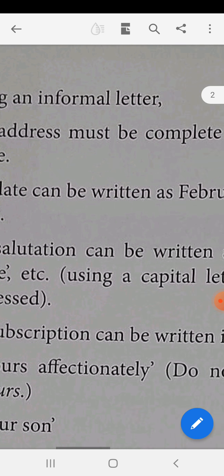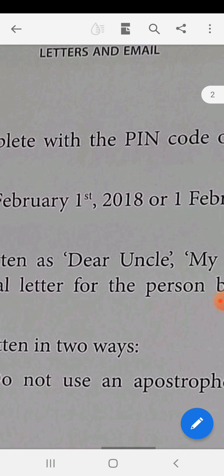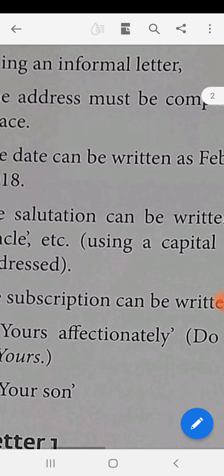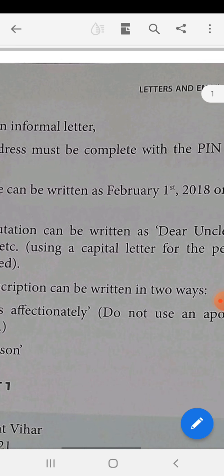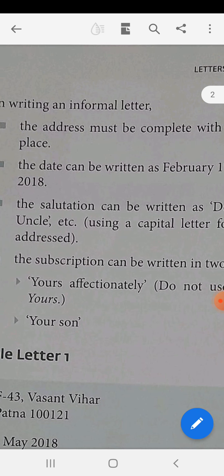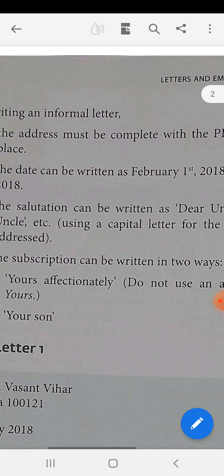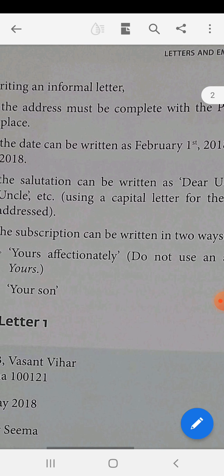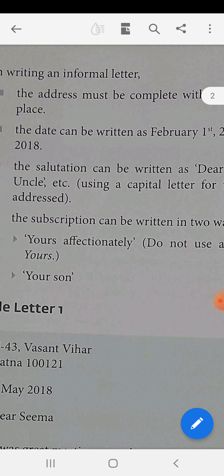The salutation can be written as Dear Uncle, My dear Uncle, etc., using a capital letter for the person being addressed. The subscription can be written in two ways: Yours affectionately or Your son.